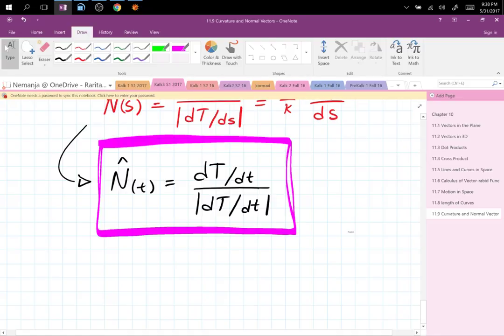It should be common sense that the dot product between these two is always 0 because they are perpendicular to each other.